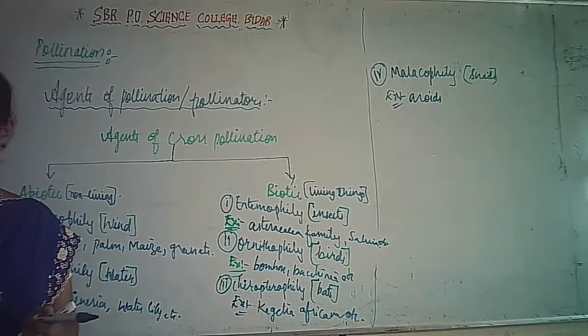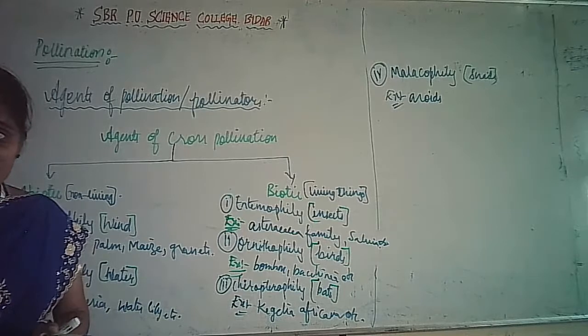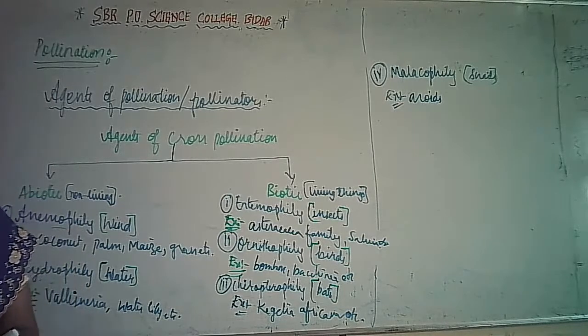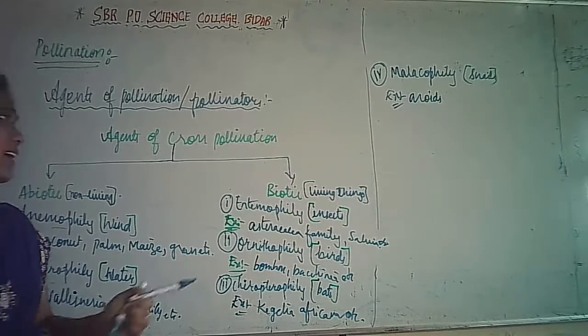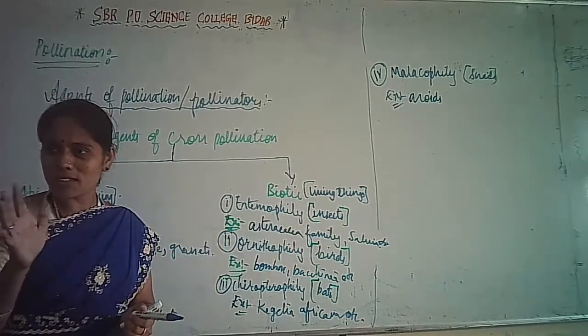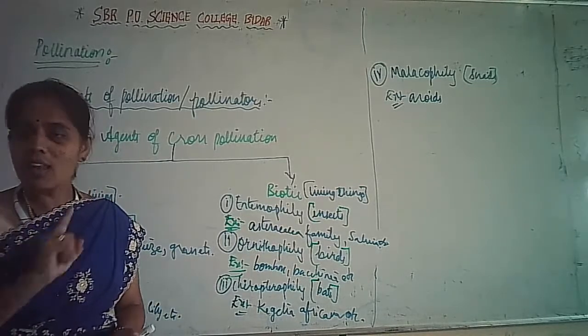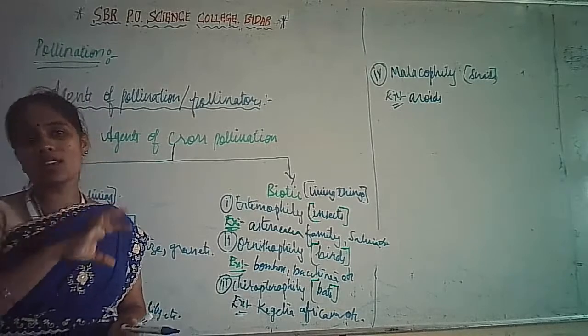They cannot be carried by the wind. They are very small in size, lighter in weight, without color and smell. Why? Because color and smell are needed to attract the insect. They are not pollinating with the help of insects. It is a waste, na? So there is no presence of color or smell, and they are very small in size.